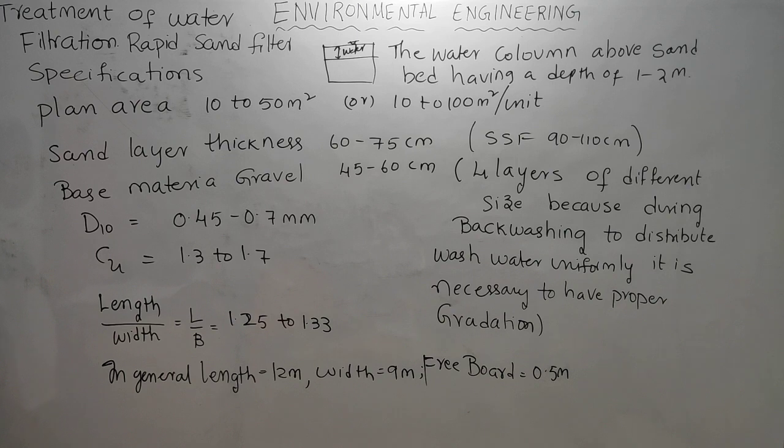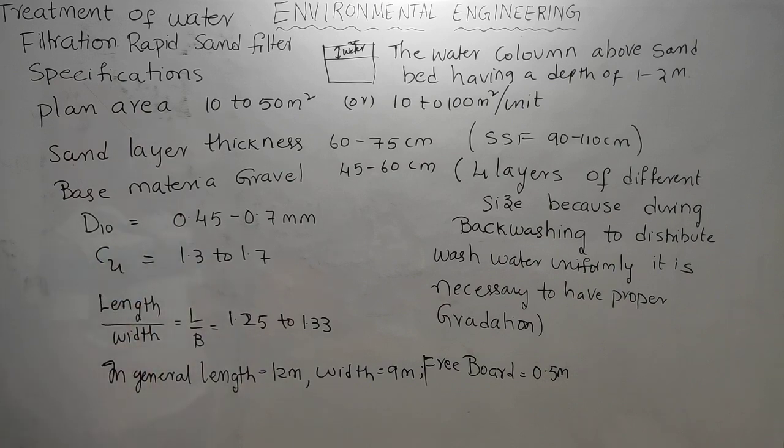as it is in the slow sand filter, also the same value. So the maximum loss of head we allow here is 2.5 to 3 meter. The loss of head here we measure using inverted manometers and all that are being installed in this.